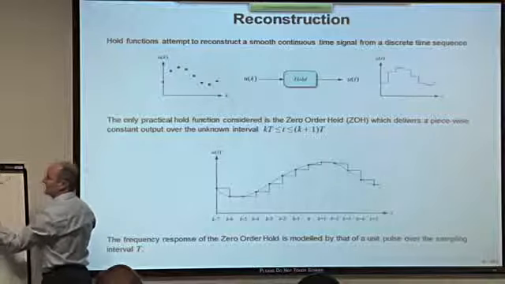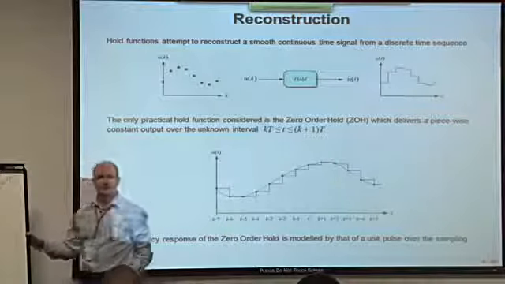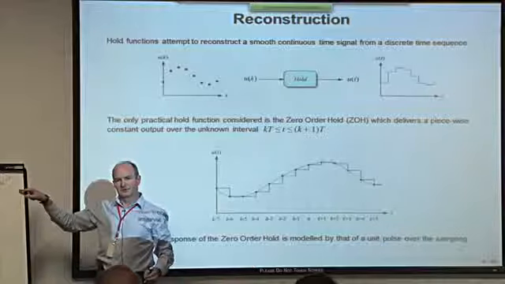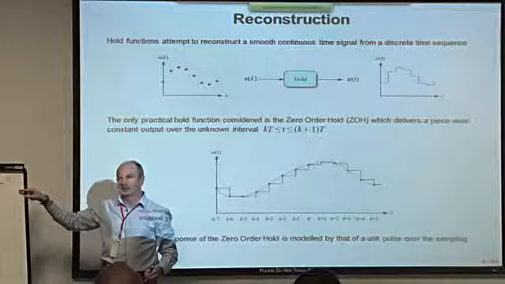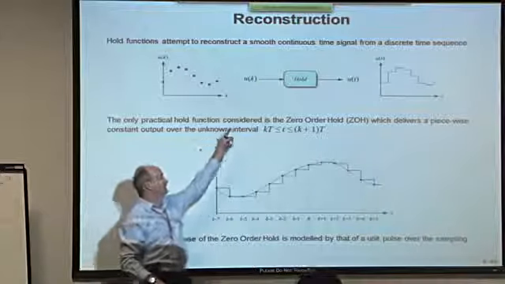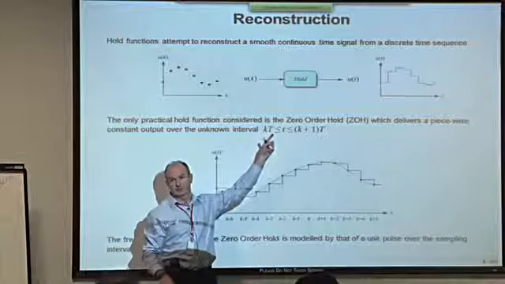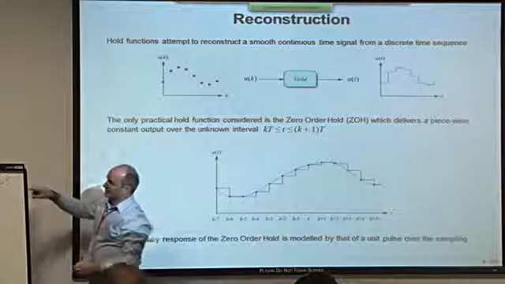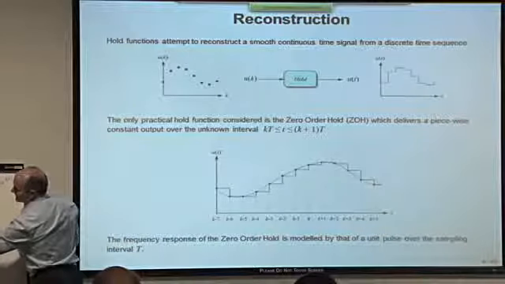That's 1, that's 0. And back to 0 at time t equals T. This signal has a frequency response, and it's very similar to the frequency response of the zero-order hold unit.